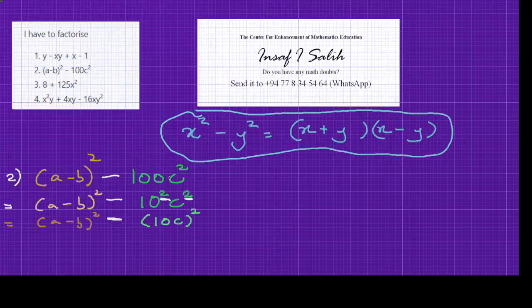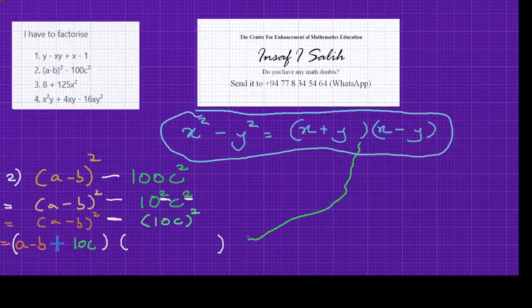Now what do we see here? We see a difference between two squares. So how do you factorize? You have to put two brackets. What do you write in the first bracket? It's a minus b plus 10c. What's the structure?